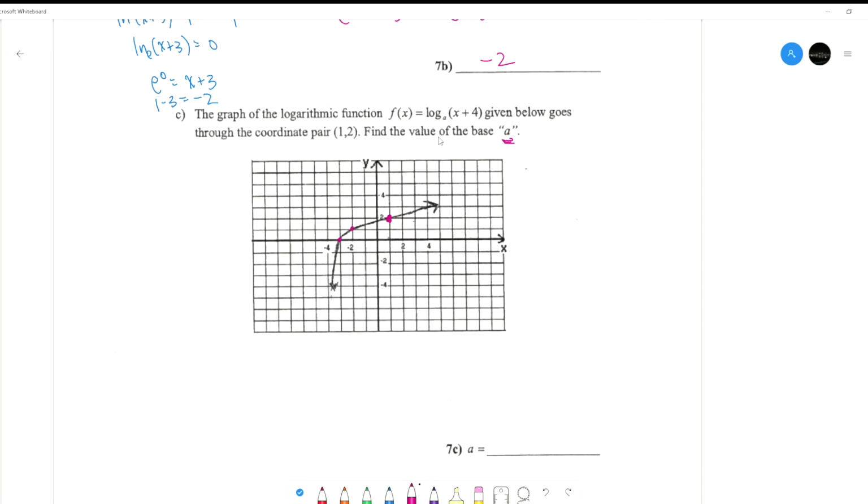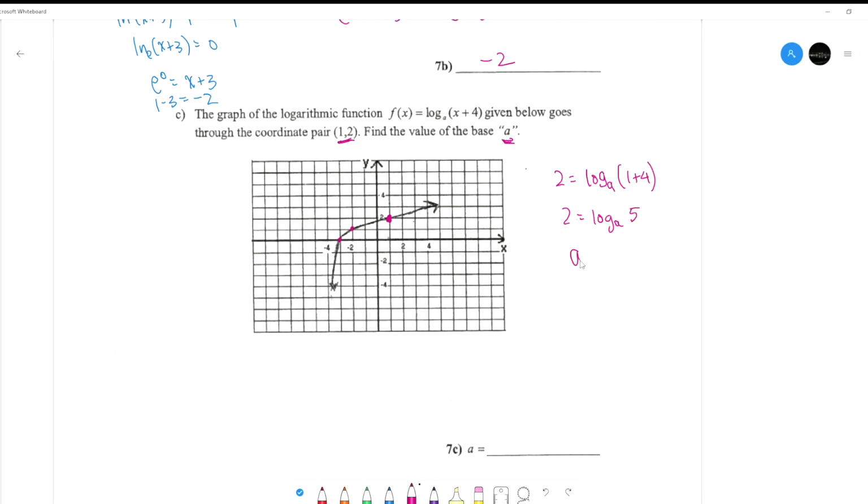So I'm going to substitute what we do know into this function. So that means 2 is equal to log base a of 1 plus 4, right? So we just substituted 1 and 2 into the equation. So that gives me log base a of 5, right?